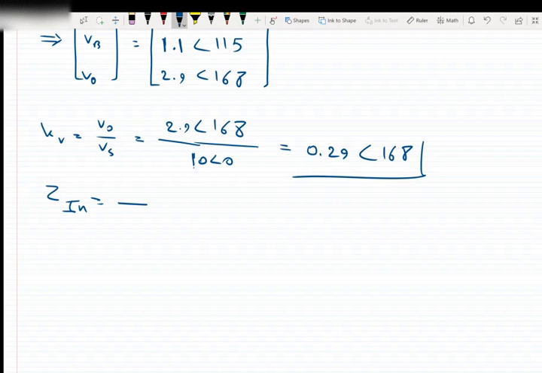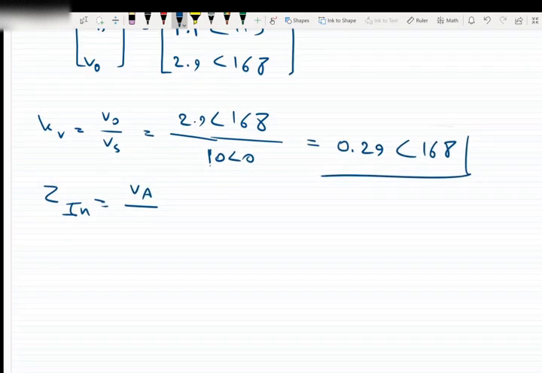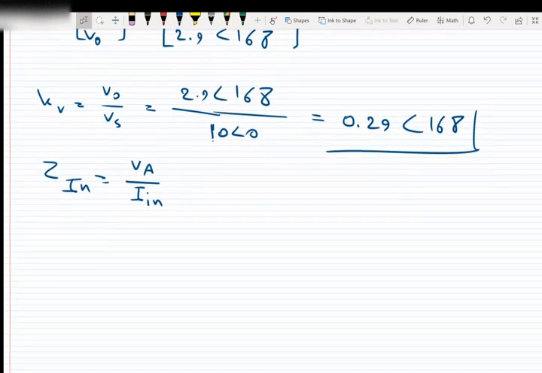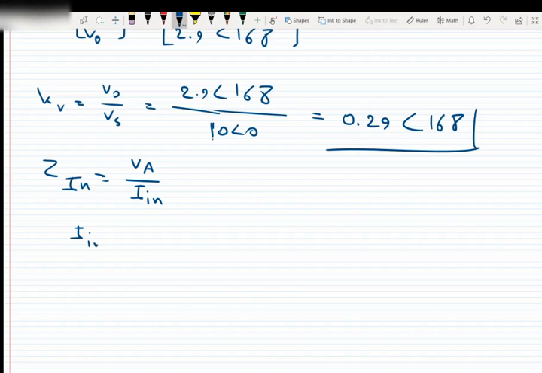Z input impedance is VA over I in. First, let's find I in.